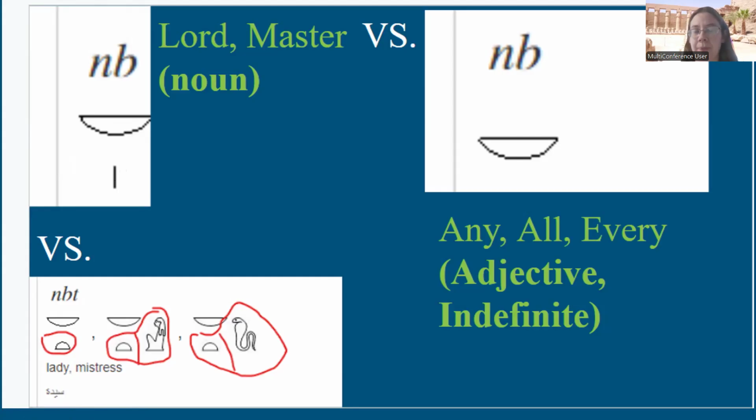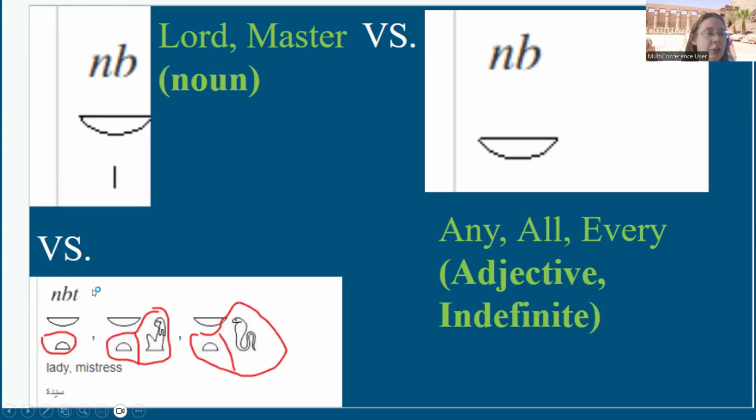Adjectives don't. And so if you go to neb functioning as an infinitive adjective, meaning any or all or every, it's the same initial picture, but there's not that singular line down there. So this is where context is important, and why a general good practice is to, before you even start to write the translation down, let your eye visually go over the whole thing first.